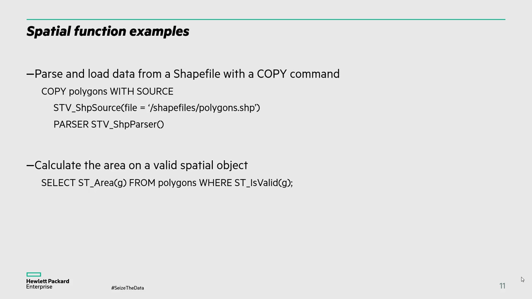You can use STV_ShapeSource and STV_ShapeParser, combined with the copy command, to load the data from a shapefile to a Vertica table. The second example is to calculate the area of valid spatial objects. You can just select ST_Area on the geometry column from the polygon dataset where the geometry is valid and returns true.